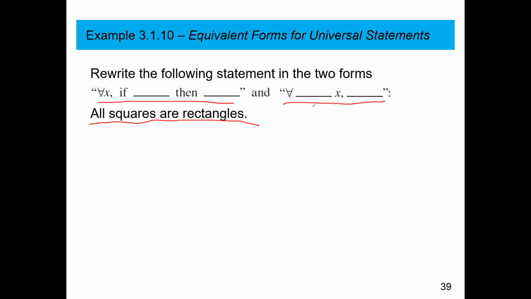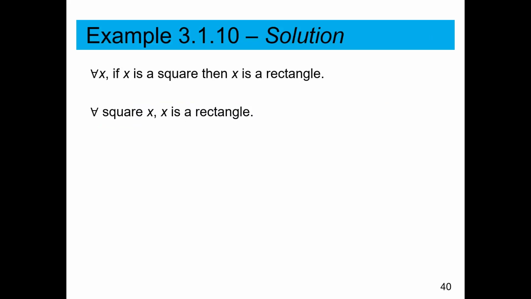So for this one, I could do for all x, if x is a square, then x is a rectangle. And over here, it can be my actual statement in words, making these things a little bit more clear.